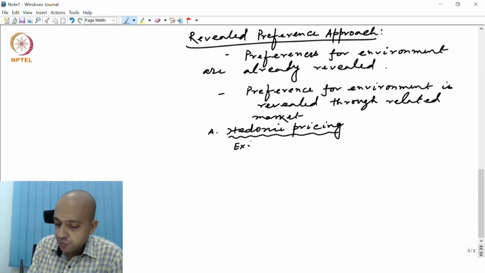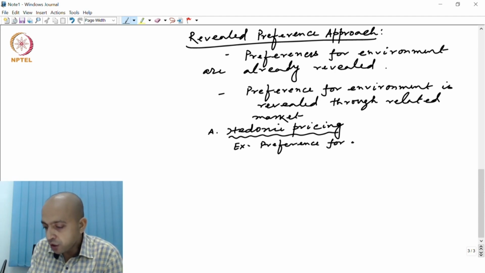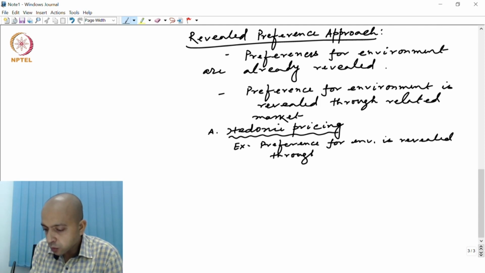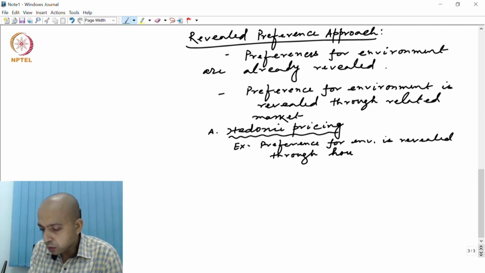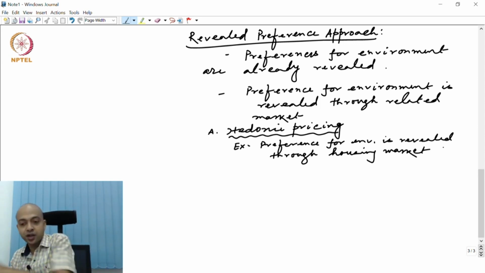Okay, so that means we can say that preference for environment is revealed through housing market. How to determine it? We will discuss in detail when we talk about hedonic pricing, right? So basically, I am giving you the idea. The price of a house depends on two things.